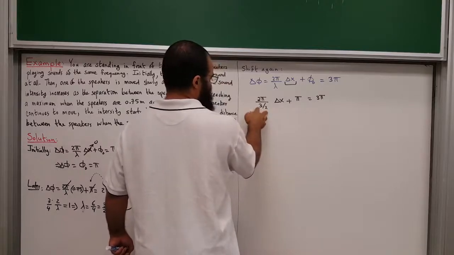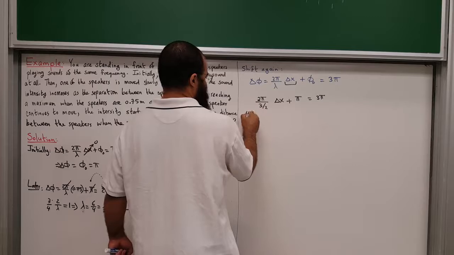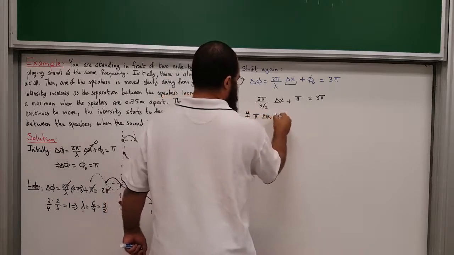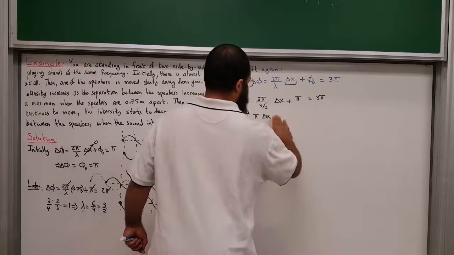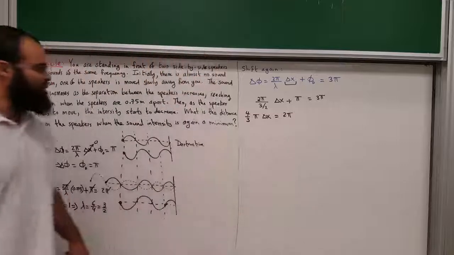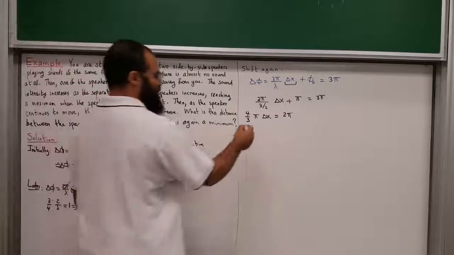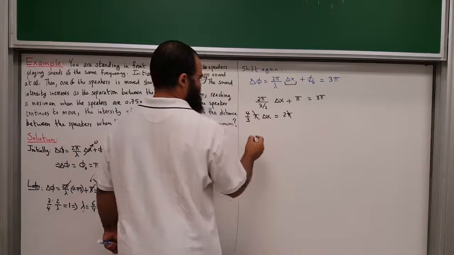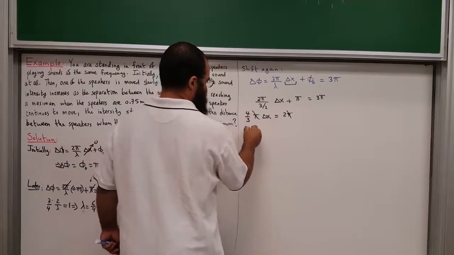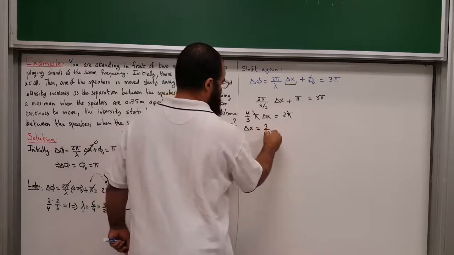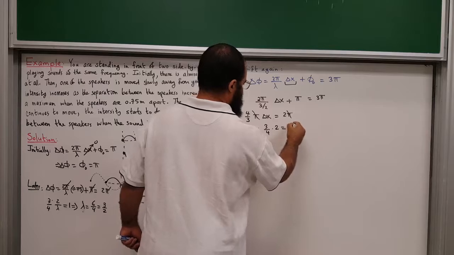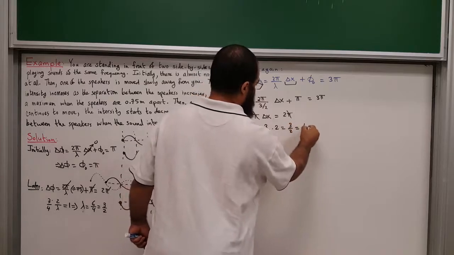Here I'm dividing by 3/2, so it becomes 4/3 pi delta x, and moved to the other side it becomes 2 pi. So the pi goes away. Multiply both sides by 3 and divide by 4. So delta x will equal 3 over 4 times 2, that's 6 over 4 or 3 over 2, which is equal to 1.5.